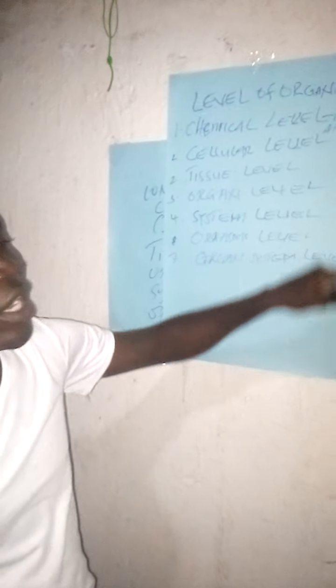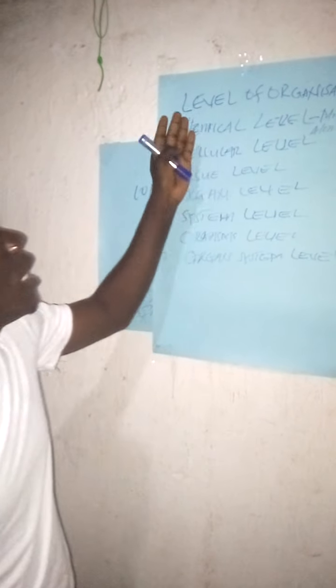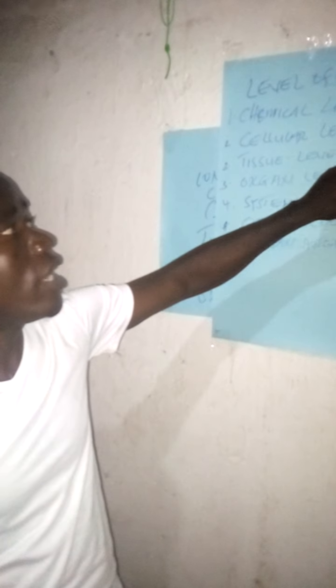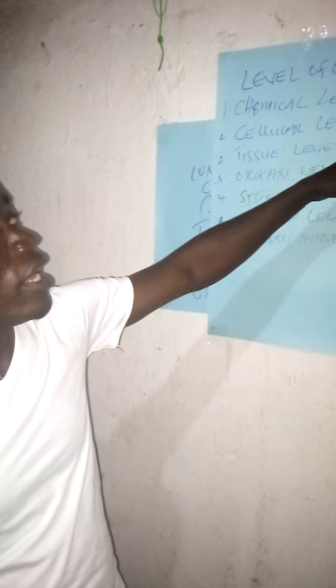The chemical level combines together to form the cellular level. For instance, we have hydrogen, oxygen, nitrogen. These are some of the elements that combine together to form the chemical level.